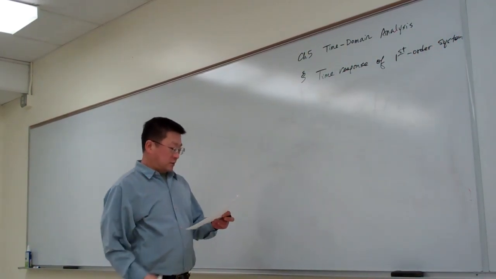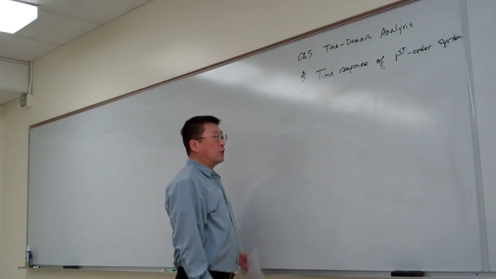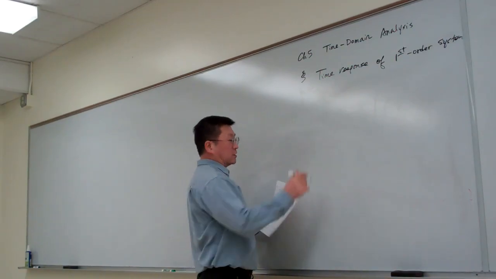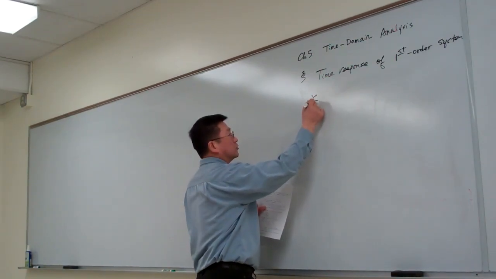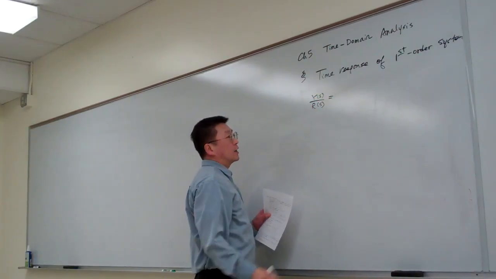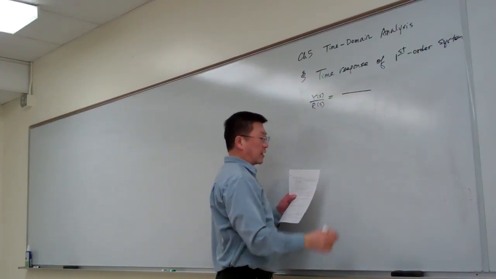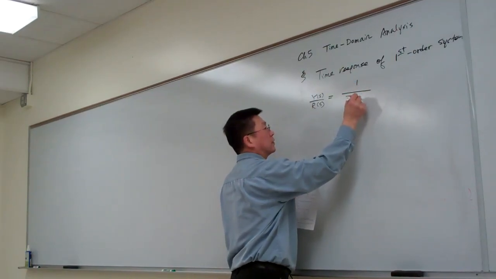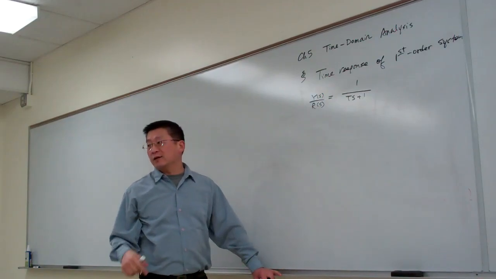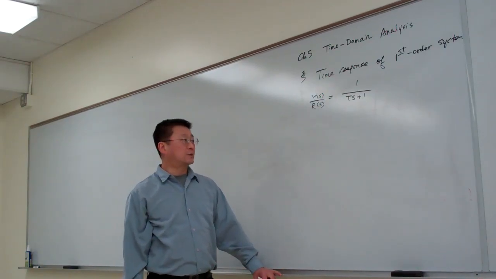Okay, first order systems. Here the typical example, the first order system, has this kind of characteristic. For example, the output to input in the transfer function looks something like this. In the denominator, the highest degree is only 1, and from there we can convert it into the time domain.